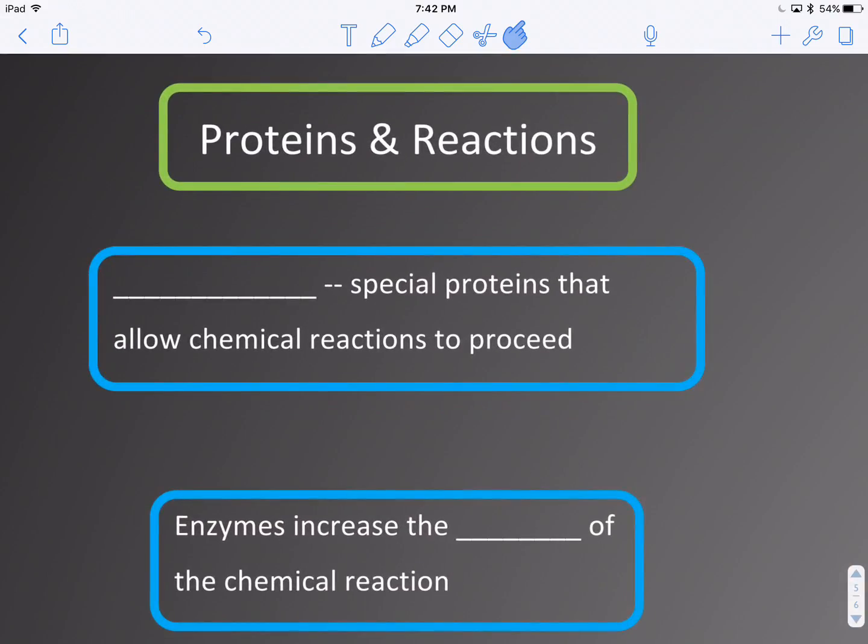So again, I said we're briefly going to touch upon this just enough so that you guys can get some vocab to take into the next unit. We're talking about this reactions idea. And the proteins that are used in these reactions are called enzymes, which I'm sure is a word that you have all heard of before. Enzymes are special proteins that allow these chemical reactions to occur.